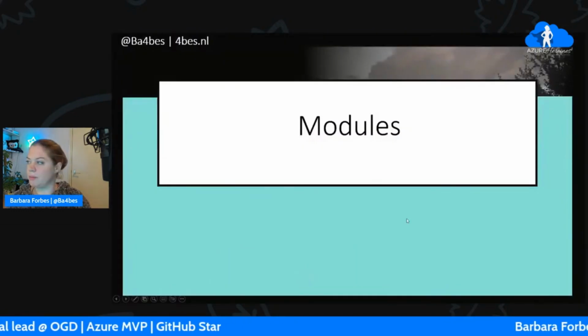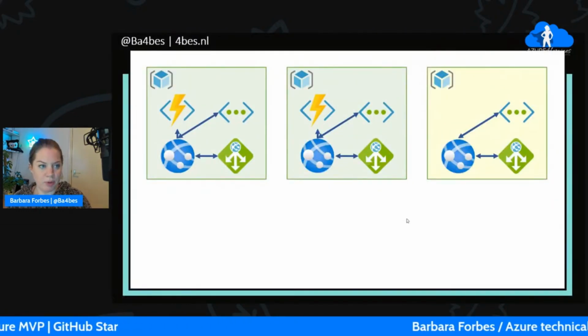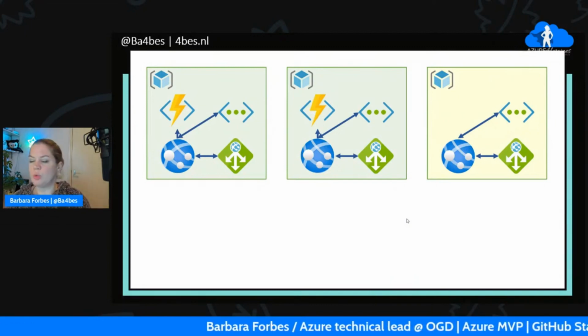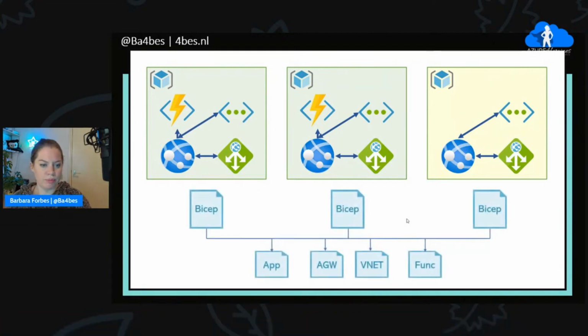So if I look at my modules here, if I look at that old example that we had where we were like, okay, how many templates do we actually need here? I can do it like this. I could just say, okay, I create a separate Bicep file for all those resources, and I'll refer to them from all those Bicep files. I'm not saying this is the best way.